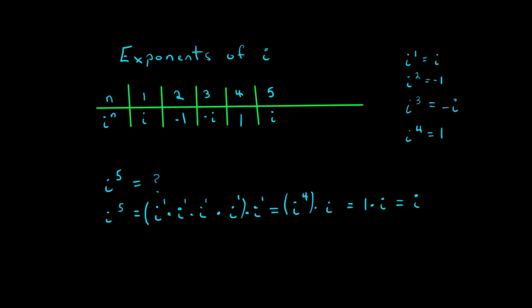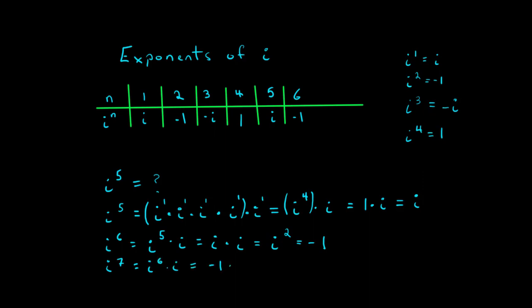That's interesting, right? Now what about i to the sixth? Well, that will be i to the fifth times i. We just found i to the fifth equals i, so that'll be i times i, or i squared, which equals negative 1. And I'm sure that a lot of us are seeing that this pattern is starting to repeat. i to the sixth equals negative 1. i to the seventh equals i to the sixth times i.